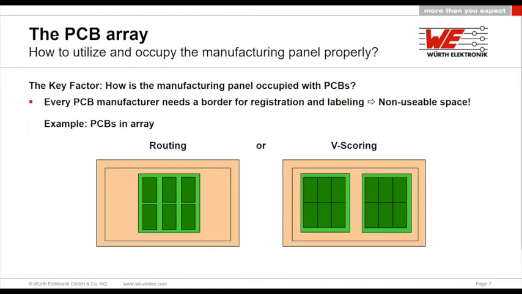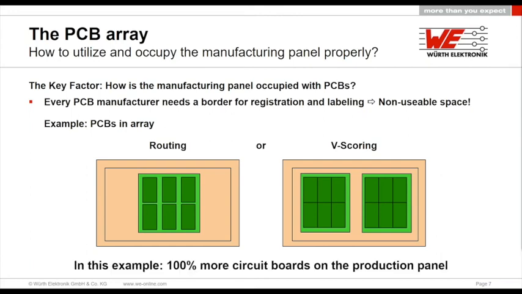You still see that due to the size reduction for the V-scoring, we could place 2 PCB arrays on the production panel, whereas for the routing of the PCBs, we only could place 1 PCB array on the production panel. So in that case, it's a very extreme example, but we could place 100% more circuit boards on a production panel. And depending on the size of the PCB array, this really happens often.